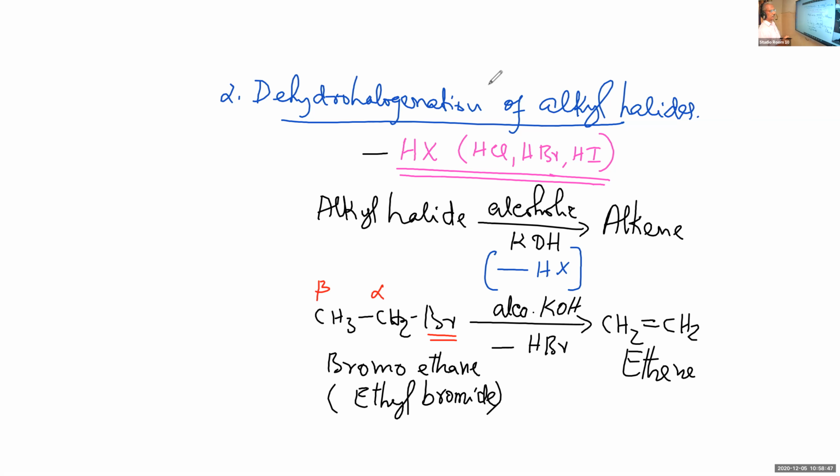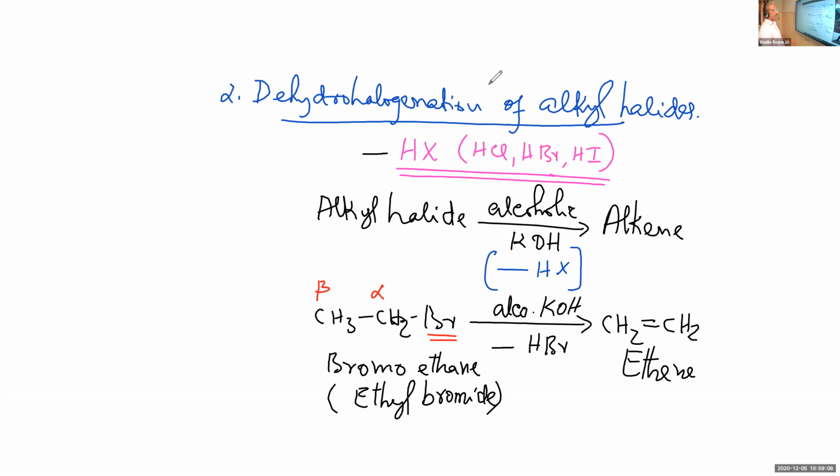The hydrogen atoms on the alpha carbon are called alpha hydrogens, and the hydrogen atoms on the beta carbon are called beta hydrogens.